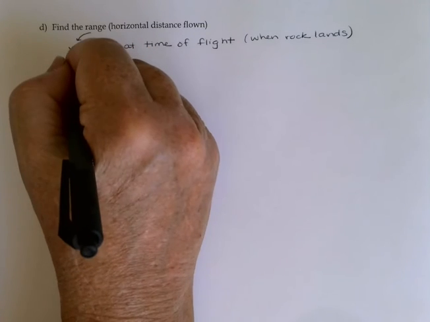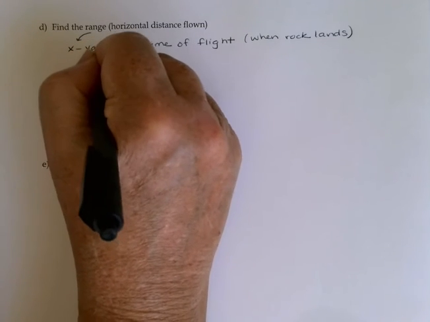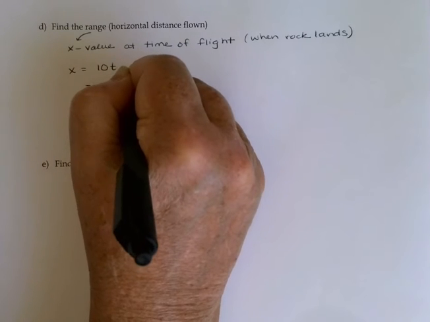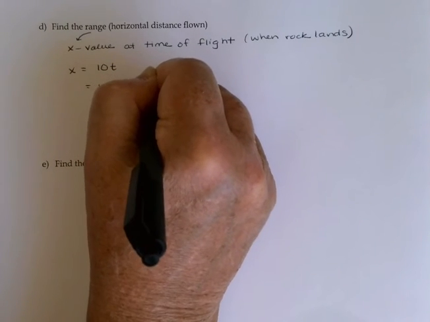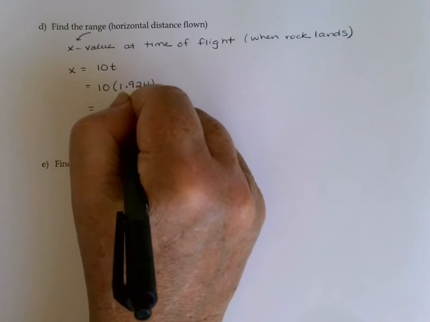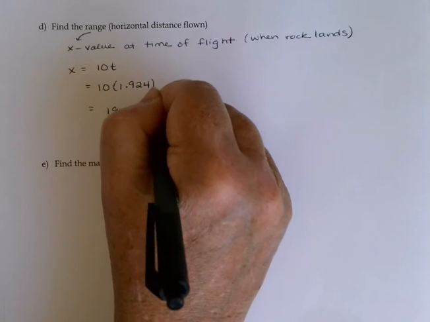So let's see. X is just equal to 10t. If I plug in the time of flight that we just calculated, 1.924, I'm going to get 19.24, and that would be in feet.